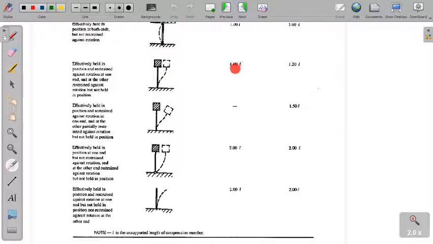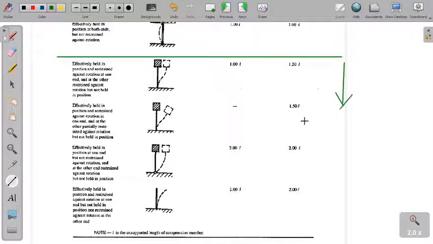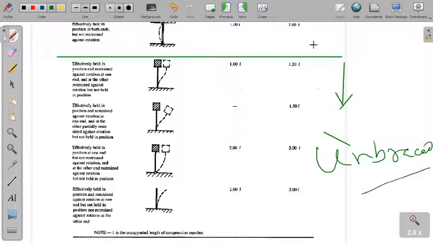So in this case theoretically it is 1 L but the IRC recommended value is 1.2 L. So from this onwards there is actually a demarcation line. This part, from the bottom onward, is unbraced against sideway, and the upper part is braced.